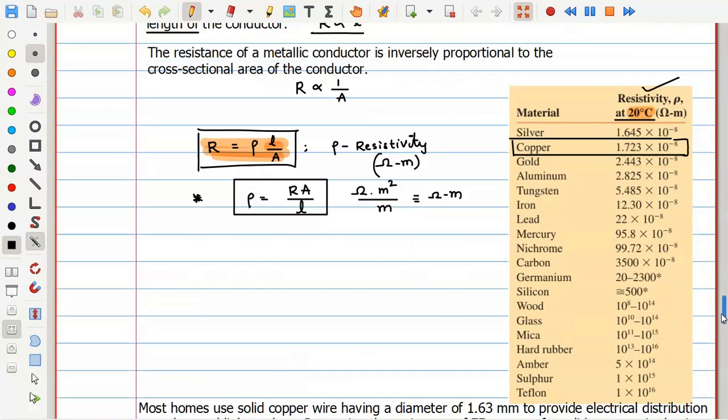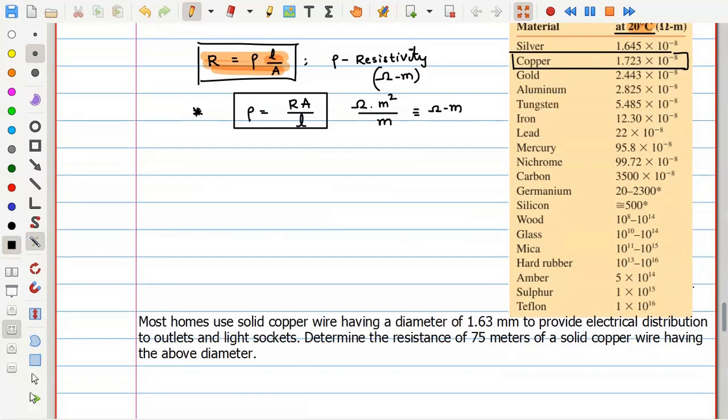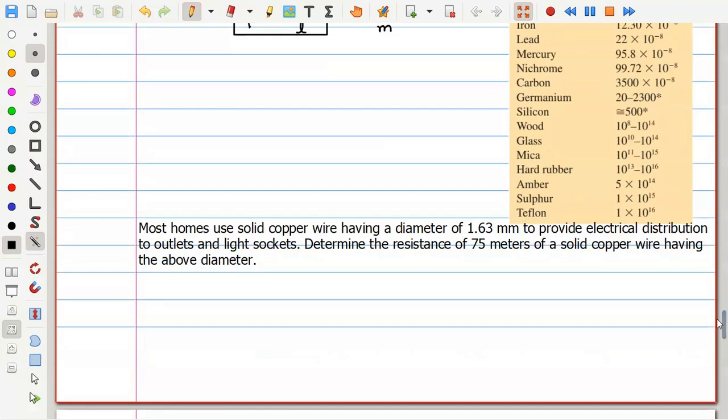Clear? Now for different materials, especially copper, silver and aluminum, just focus on these three. Why? Because these are the common conductors which we frequently utilize: copper, aluminum and sometimes silver, but that is rare. Just see this simple problem, which gives a good understanding of resistance.